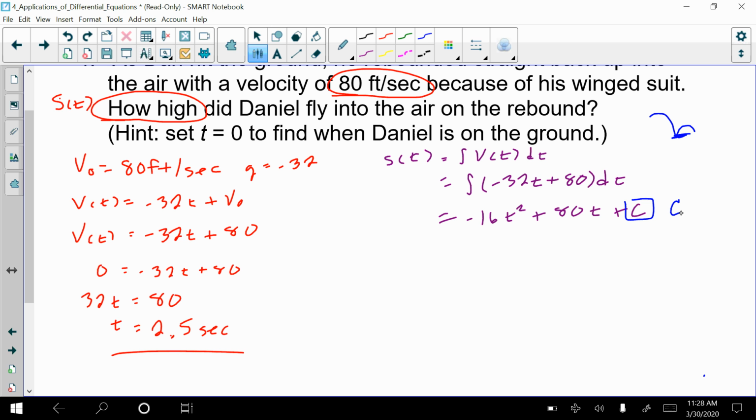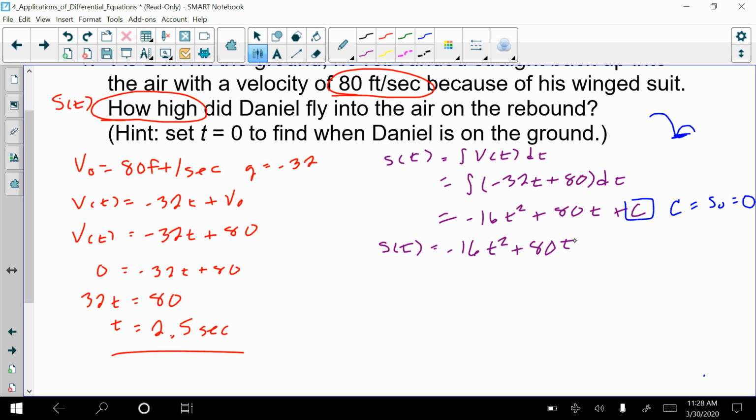So in this case, C would be the initial position, which is going to be 0 feet because he's starting from when he hit the ground. So that will give us our position function, s of t, equal to negative 16t squared plus 80t.